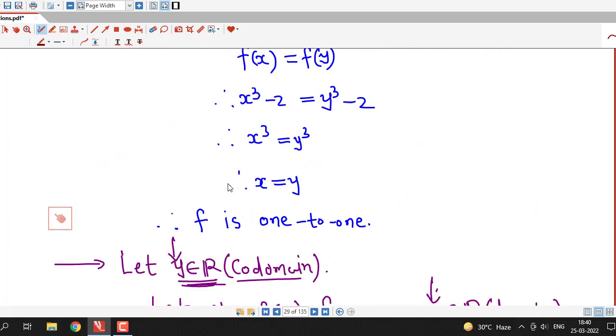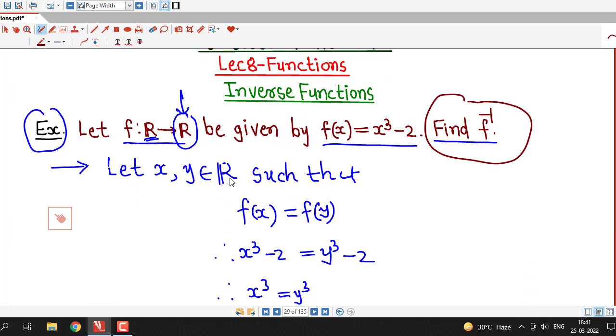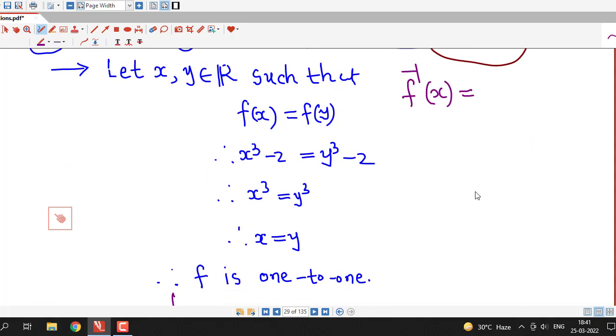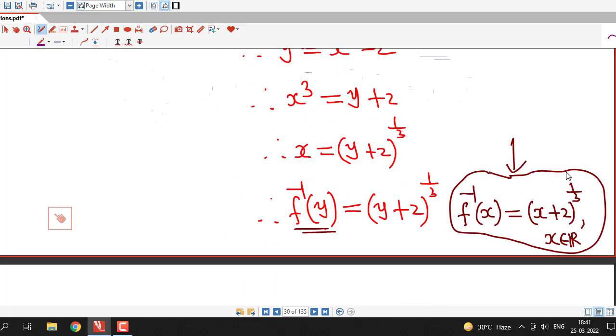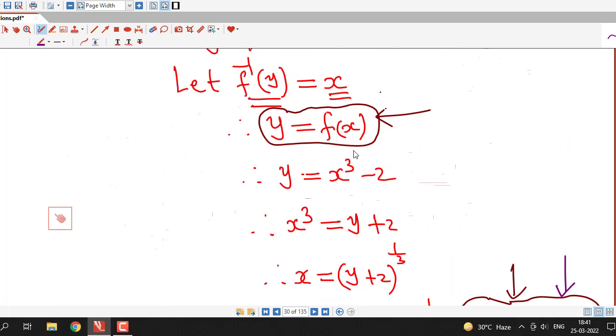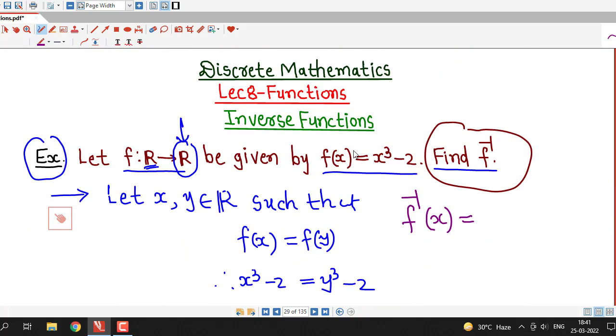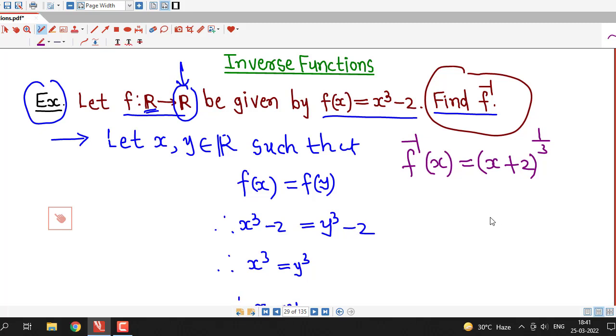Now from this example we observe certain things. Here f(x) is x cube minus 2, and f inverse we have obtained: f inverse x is (x plus 2) raised to 1 by 3. Both are functions from R to R. Now suppose we find the composition of f and f inverse.